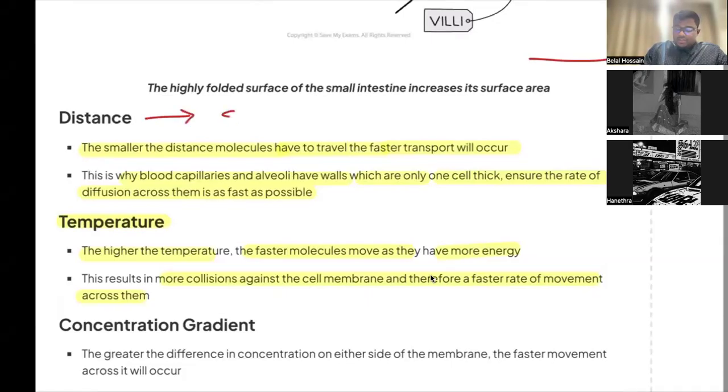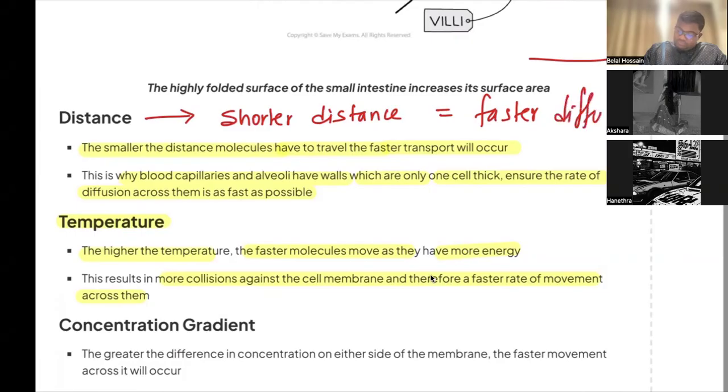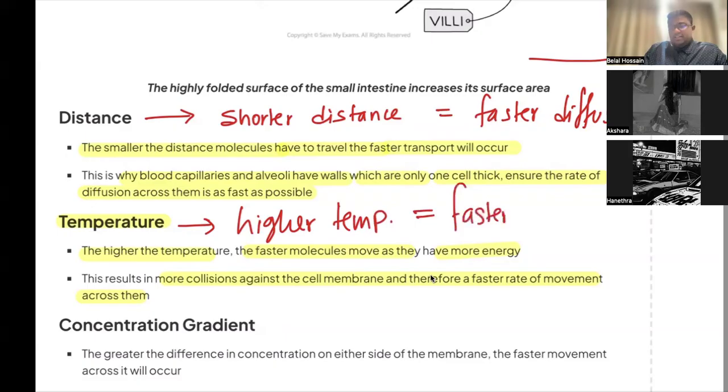So for distance, shorter distance equals faster diffusion. For temperature, higher temperature equals faster diffusion.